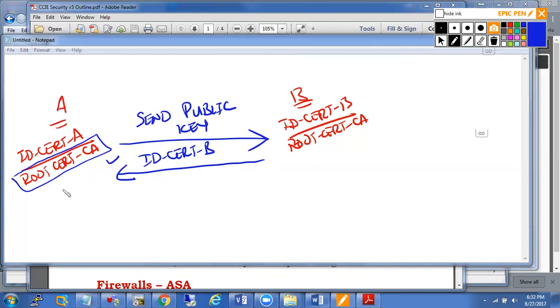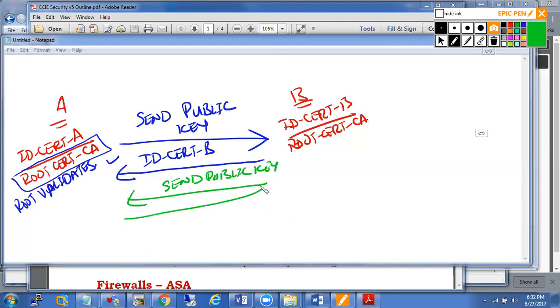Okay, so root validates. Same type of procedure is done on the other side. So B sends send public key. ID cert for A is sent. Root validates.